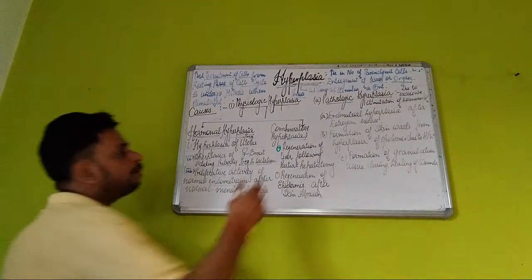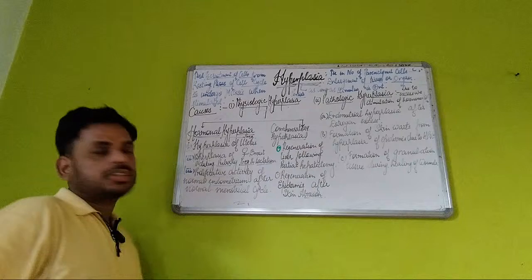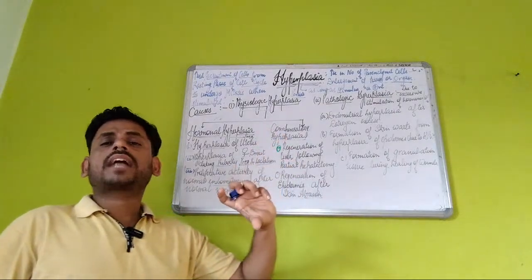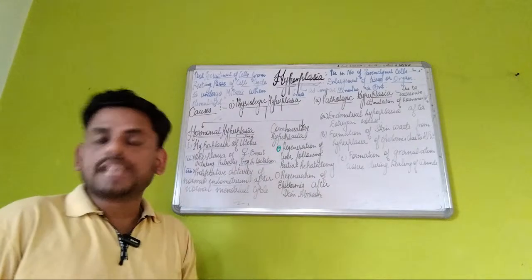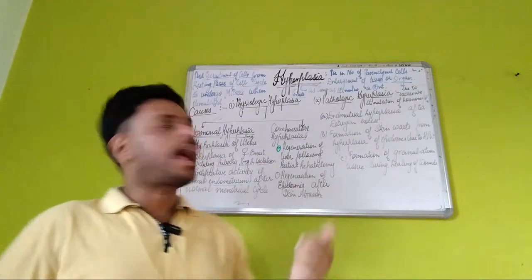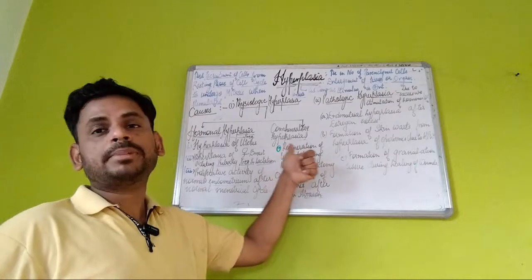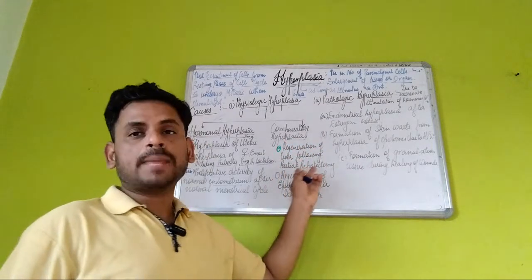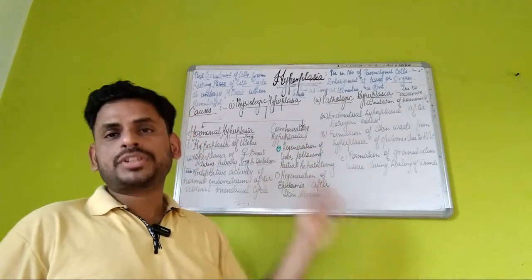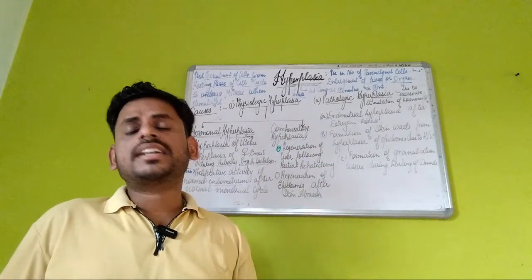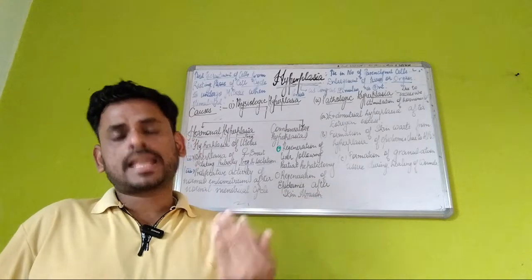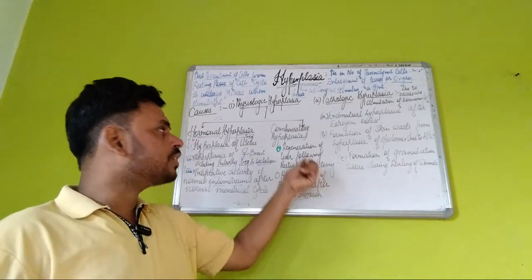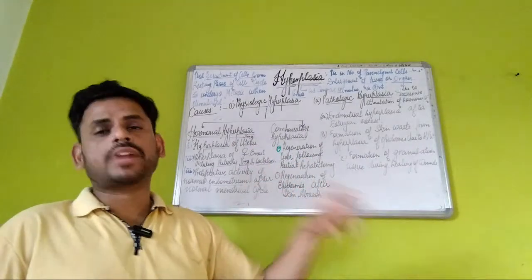Next we have compensatory hyperplasia. In the condition of compensatory hyperplasia, due to a certain kind of compensation, the cells are going to divide mitotically and increase in number. For example, the regeneration of the liver following partial hepatectomy. When the liver is damaged and a partial segment of the liver is cut and taken off the body, the liver is going to regenerate by itself.